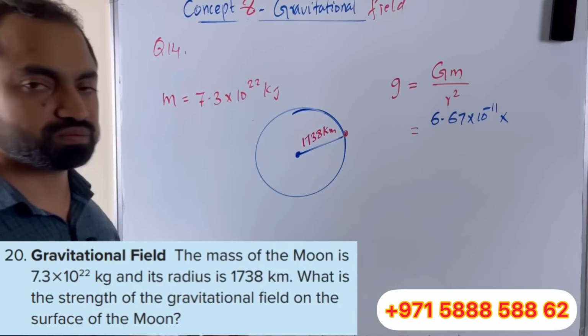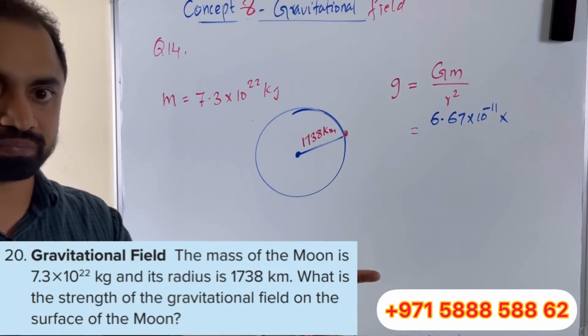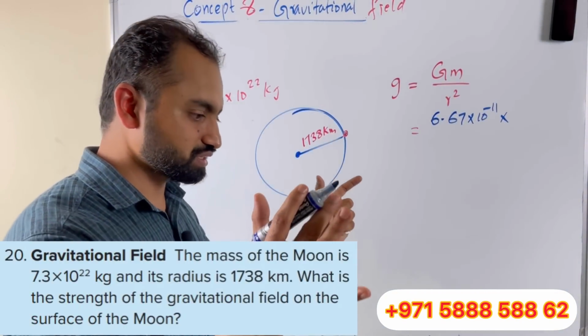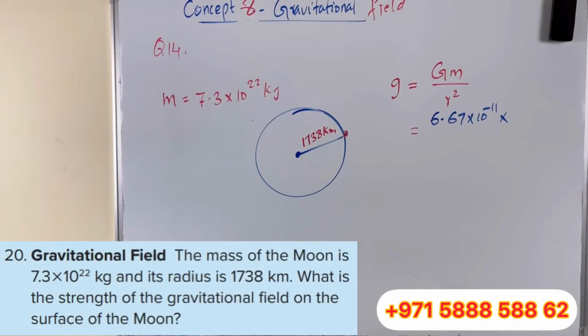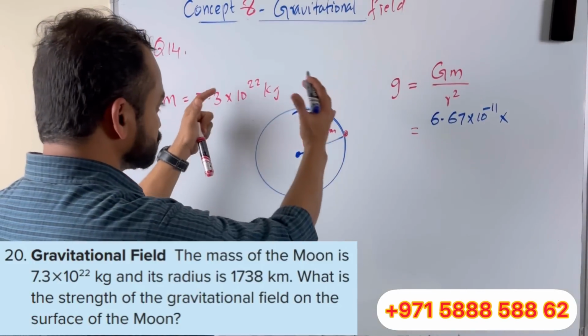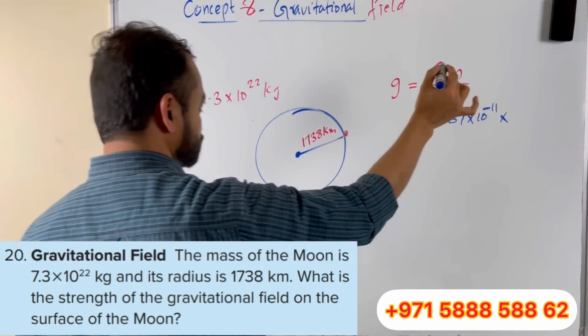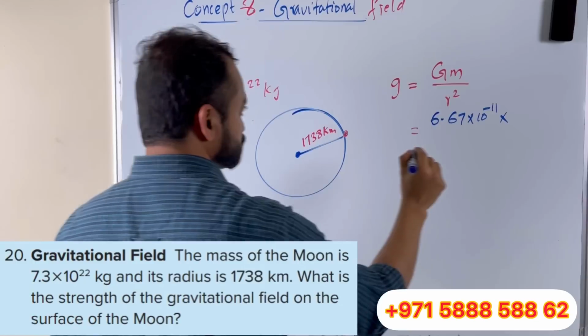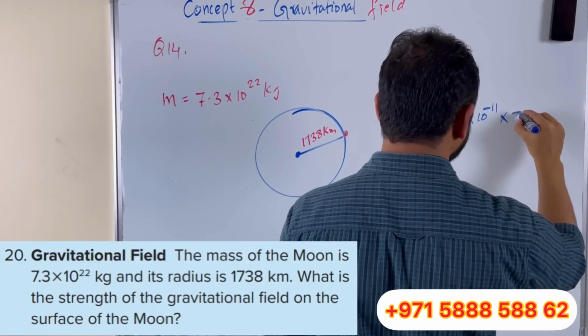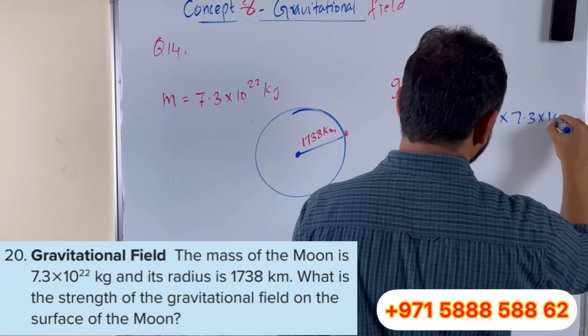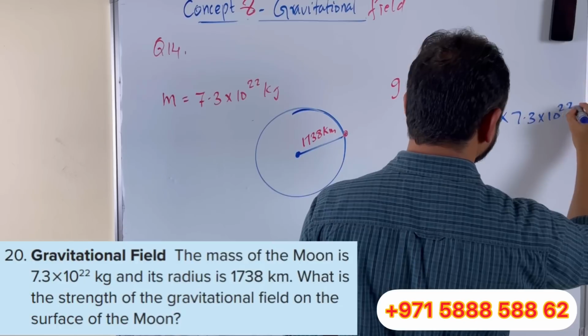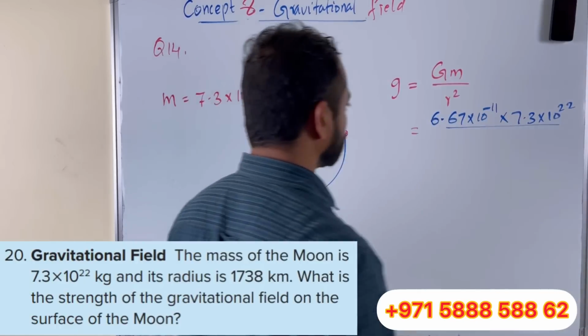Here m is the mass of the planet, or of the moon, which is producing that gravitational field. So this m is the mass of the moon. So here we write 7.3 times 10 to the power 22 divided by the square of the distance.